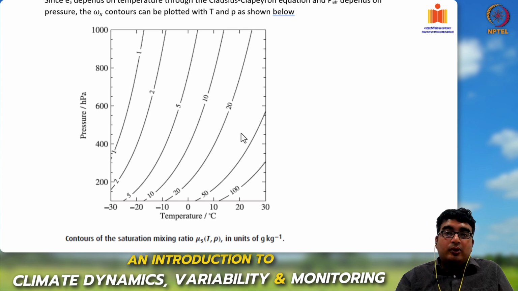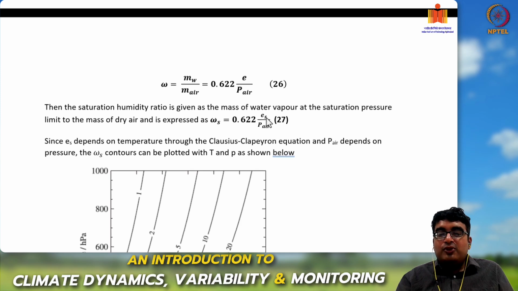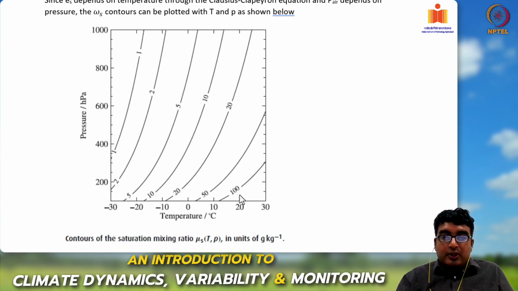Okay. So if you look at the expression here, omega s equals Es by P air. Okay. If P air is decreasing, the total pressure is decreasing. Alright. So the P air is also decreasing while at the same temperature. So suppose I keep the temperature same, 20 degrees centigrade.